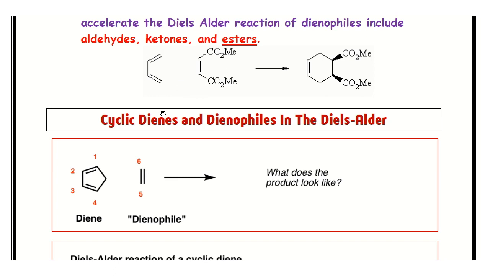But our diene and dienophile can again be cyclic structures, meaning they can be cyclic compounds. So let's discuss an example of a cyclic diene. This is the example of 1,3-cyclopentadiene. Clear.